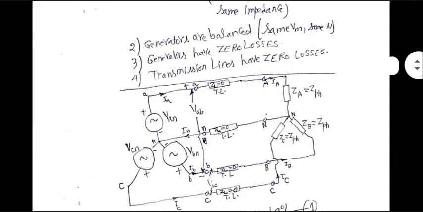As I said, on the left side, on the generator side, we use small letters as suffixes, while on the load side, we use capital letters as the suffixes to various quantities.